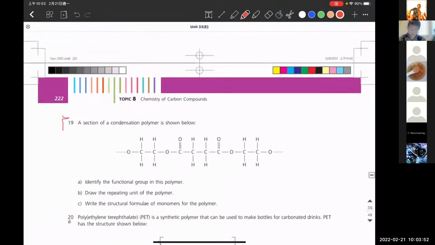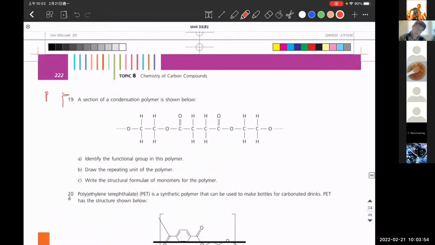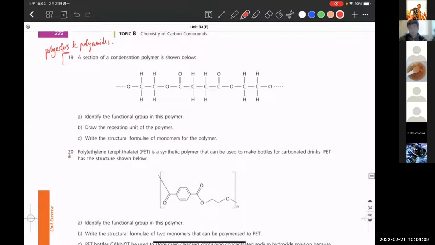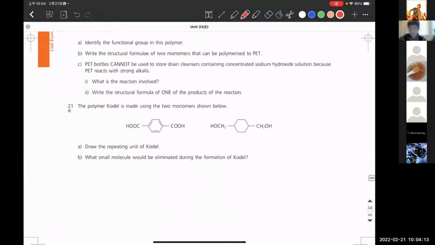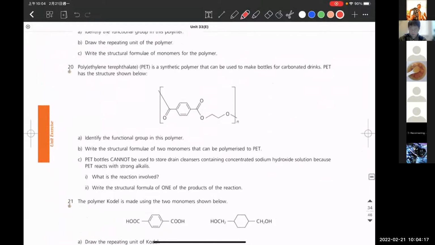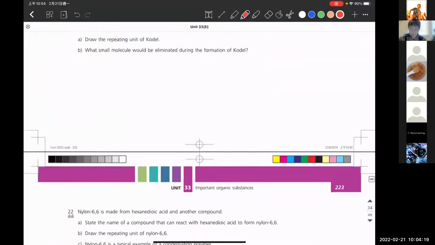Several questions about polyester and polyamide. Now, because time is running short, just 6 minutes left, we'd like to do two of them. One is polyester and one is polyamide, to have an overall conclusion about this. Let's take a look.